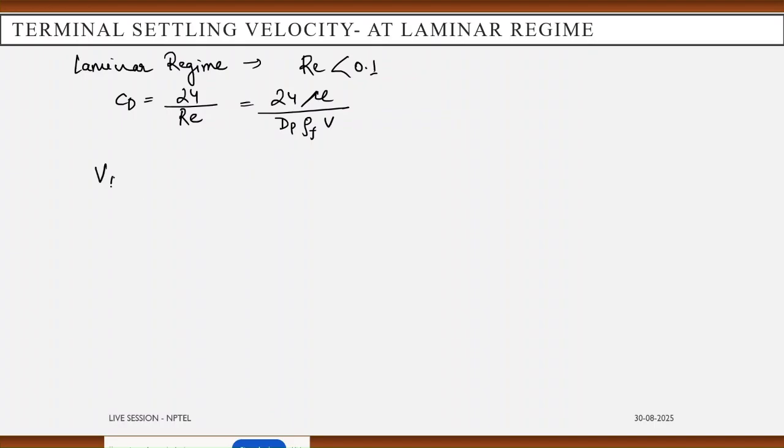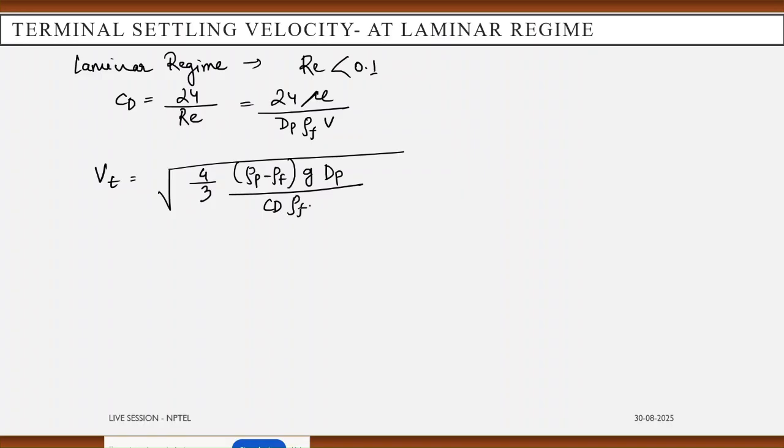So our equation was Vt equals root of 4 by 3, rho p minus rho f, g dp by CD into rho f.